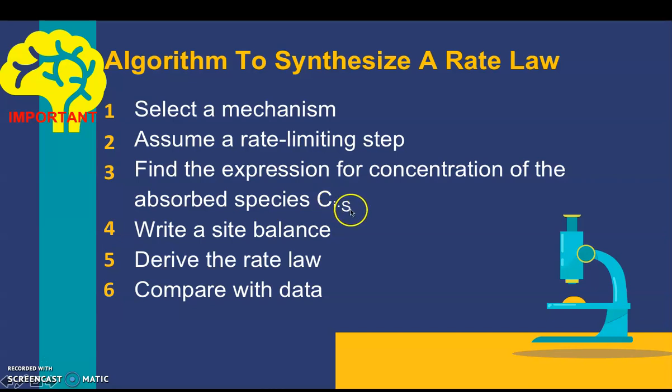So AS, right? I'll give you an example and elaboration later on this. Then the fourth step is to write a site balance and then derive the rate law. So finally you compare your rate law. Is it compatible with your experimental data or reaction data?